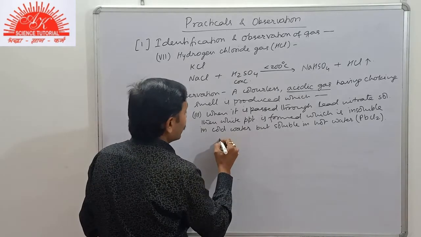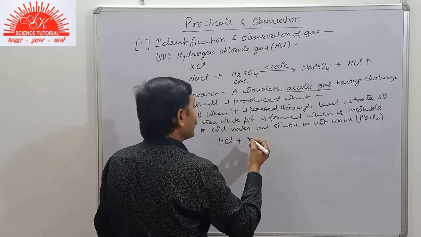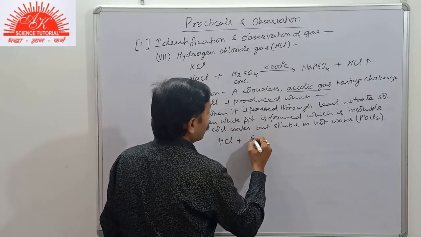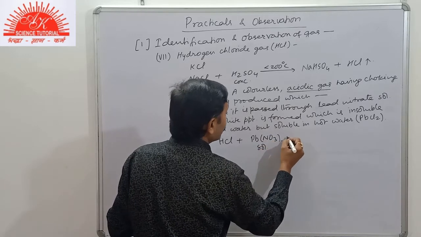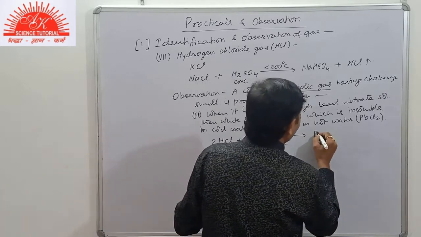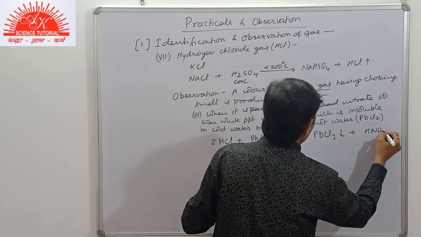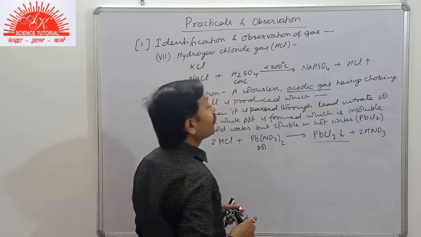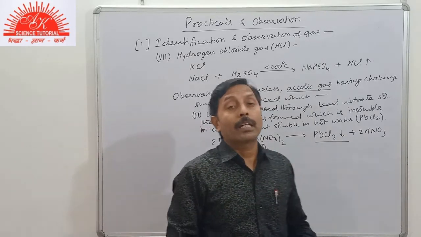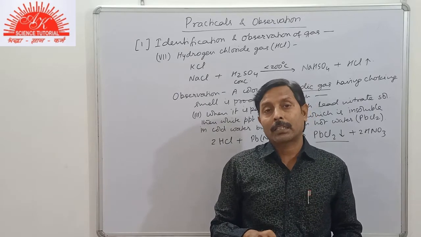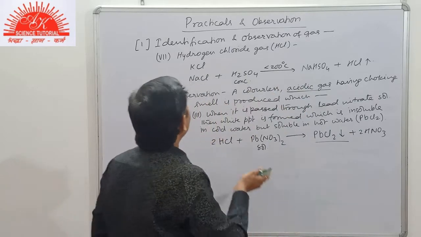So, you write here that HCl gas, or HCl acid also, chloride radical tests will be obtained, is passed through lead nitrate solution, then it gives PbCl2 plus HNO3. So this is the white precipitate. So students, we have studied 3 chemical tests for hydrogen chloride gas and their physical properties.